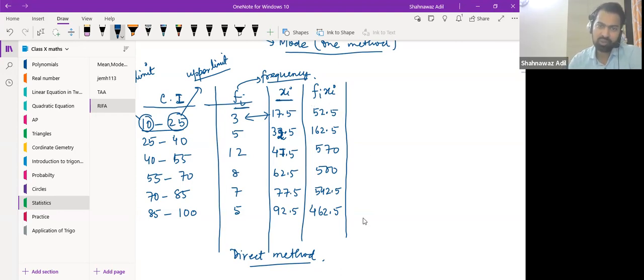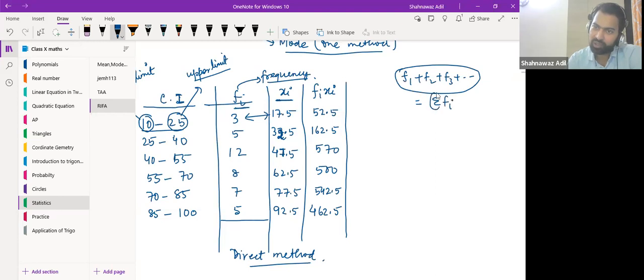So now what we do is that first we calculate the sum of all the fi. So if I write f1 plus f2 plus f3 and so on, I can represent this like this, summation of fi. This is a Greek notation which is sigma, right? And this represents summation.